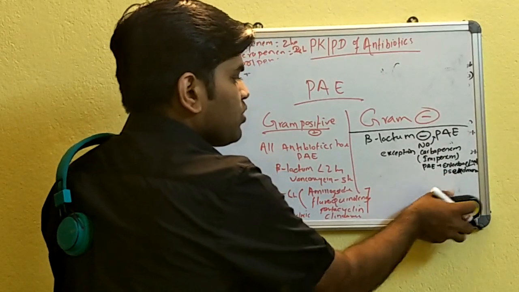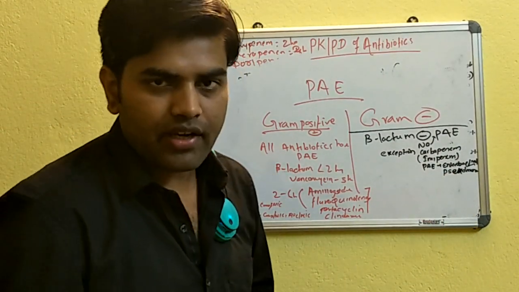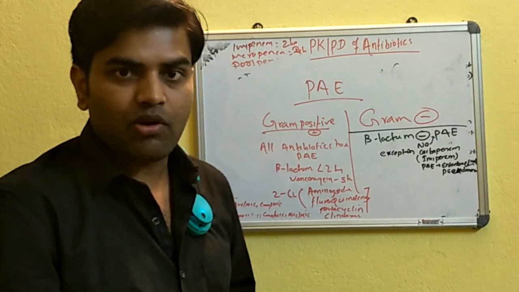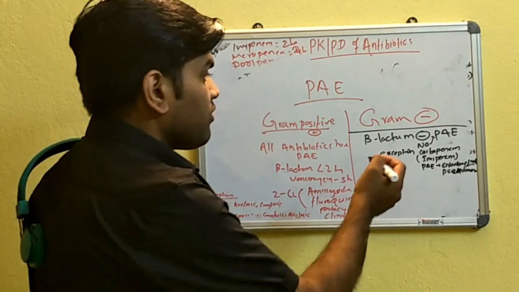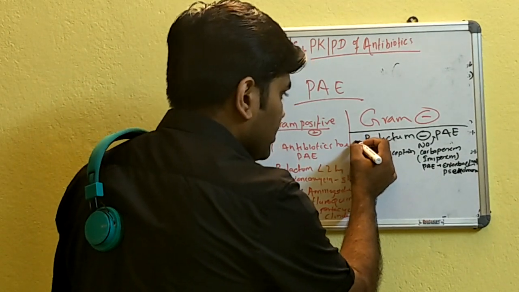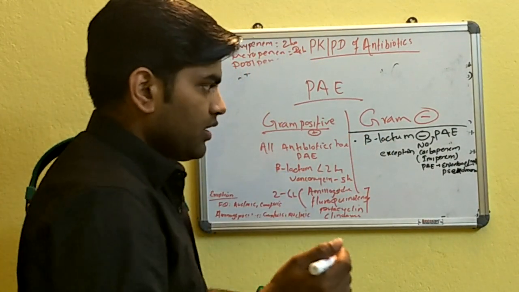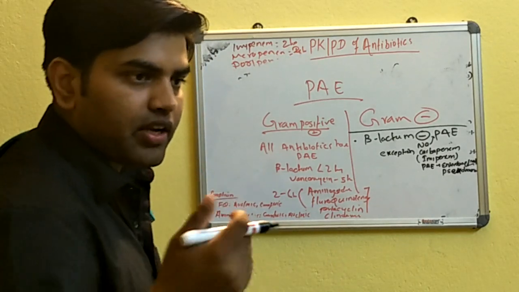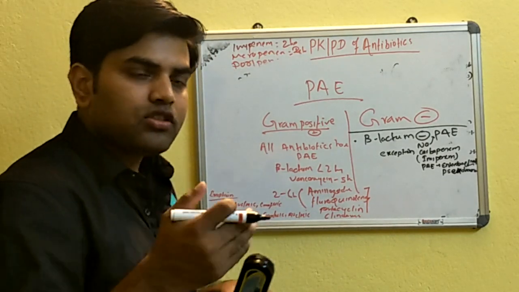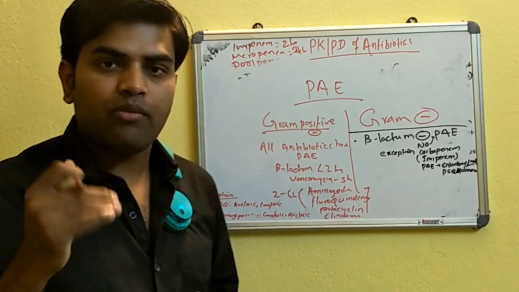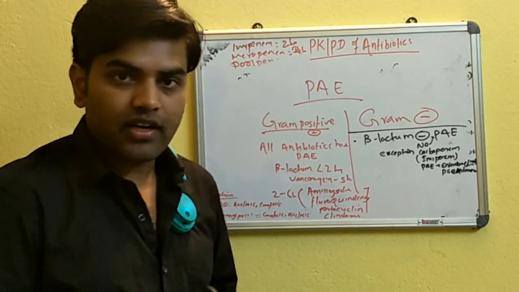So what we are saying is that for gram positive organisms we have post antibiotic effect of all antibiotics, but when it comes to gram negative organisms, then post antibiotic effect of beta lactam antibiotics is not there. So any antibiotic that has no post antibiotic effect means its drug concentration should be continuously maintained above the MIC for killing the organism.